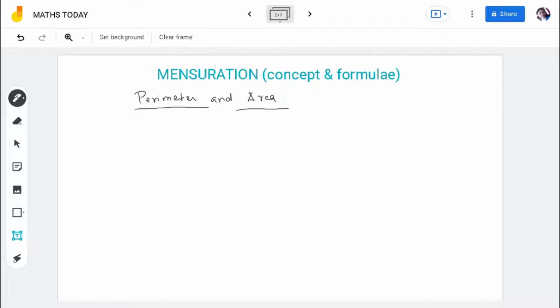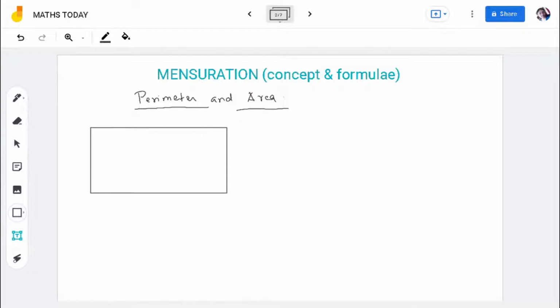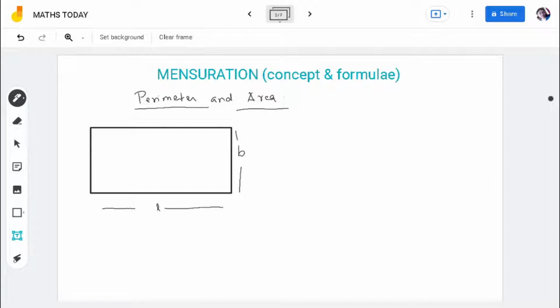Suppose there is a plane figure; I am choosing a rectangle. For this rectangle, we know that the opposite sides are equal. If I take this side as L and this side as B, then this side is also L and this side is also B, as per the properties of a rectangle.